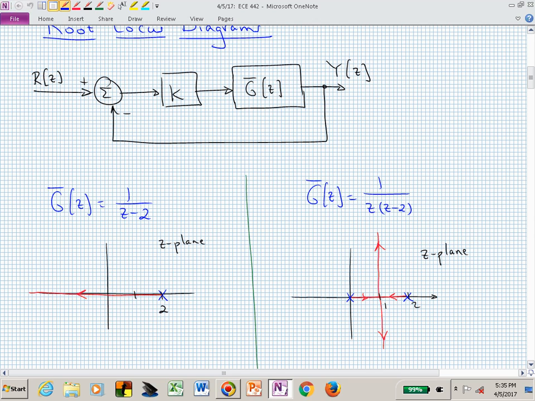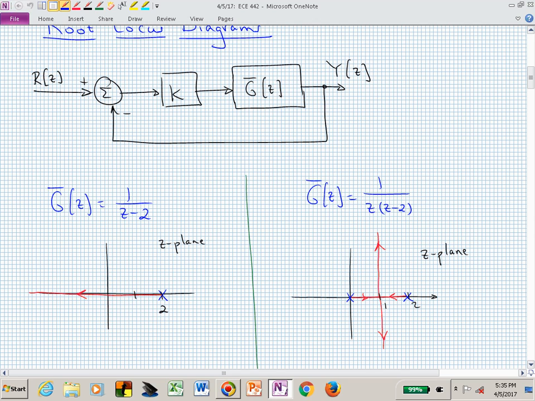Similarly, with the diagram on the right, how many poles do we have? There we do have two. How many finite zeros? None. So our pole zero excess is 2, which means that we also, and we'll talk more about this, have 2 zeros at infinity, which means we are going to have 2 branches of our root locus diagram going off to infinity.